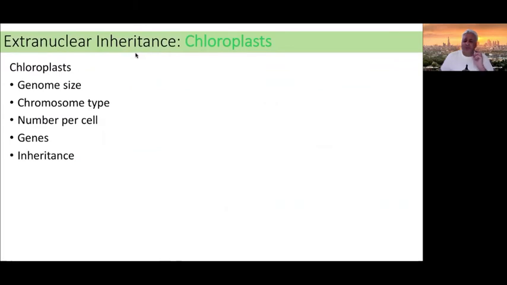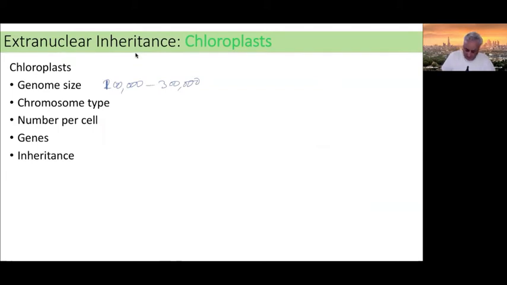Let's turn our attention to chloroplasts. Slightly more complicated, but still very similar. So the genome size of the average chloroplast is about 200,000 base pairs. Some of them are 100,000, but the range is about 1,500 to about 300,000, right? So let's put 100,000 just to be sure that we capture that.